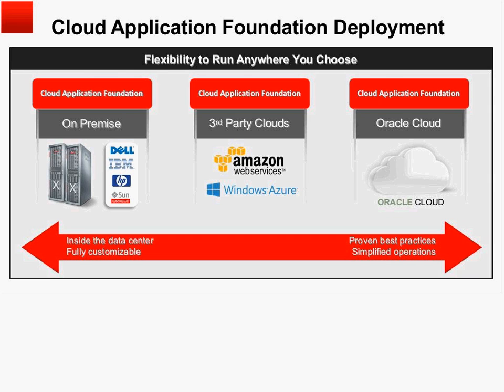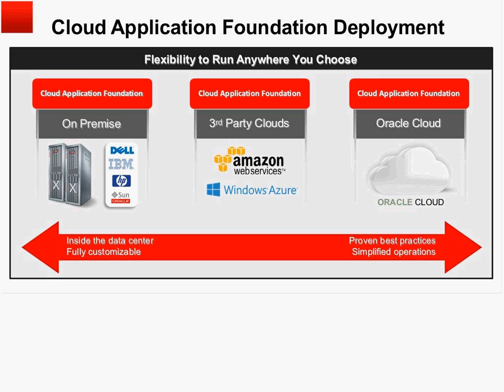So one of the interesting things about our portfolio is how it runs on-premise, it runs on third-party clouds, and then, of course, if you've looked at our Oracle Cloud infrastructure, we also have our software available on Oracle Cloud, where we have the Java Cloud Service. And then more recently at Open World, we announced our Java service, which is more WebLogic Server instances with some managed service value added on top for things like backup, recovery, patching, and high availability DR services.